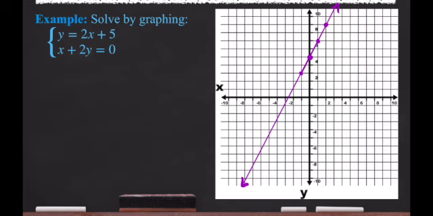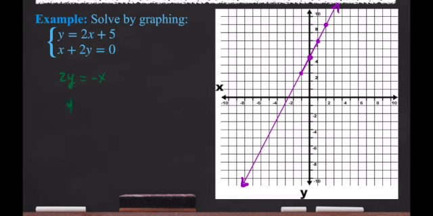The other one that we are going to have is not in our slope-intercept format. We can make it go into slope-intercept format if you really wanted to. We could also just choose 2 points. We can do it that way. I'm going to go ahead and solve this one for slope-intercept form, though. So I'm going to subtract the x. So we have 2y is equal to negative x plus 0.